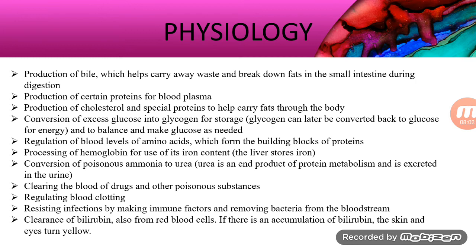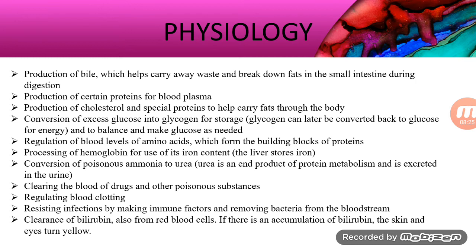Okay, and this conversion will be done by the liver. Then that urea will be excreted through urine. So we cannot directly excrete ammonia without conversion into urea. So this conversion is also done by the liver.